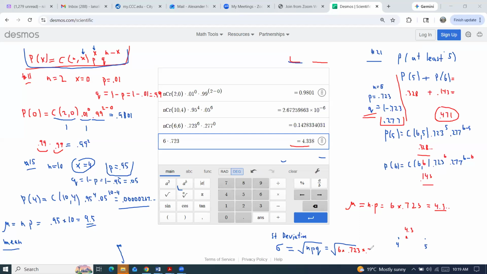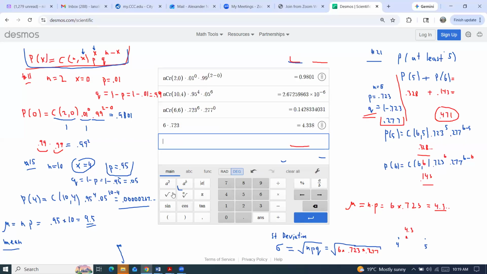So if I put this in my calculator, I will be able to see how far away from that mean we expect to get. I'm going to be taking the square root.